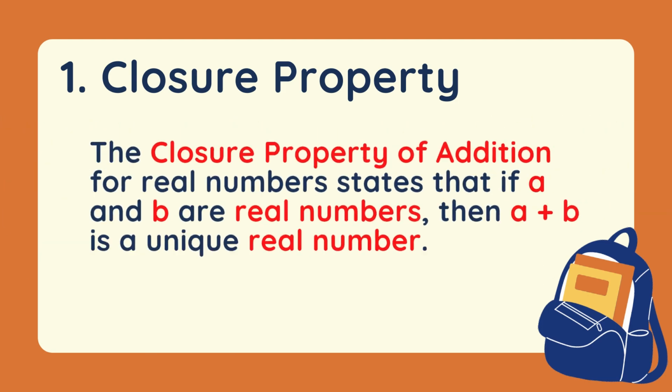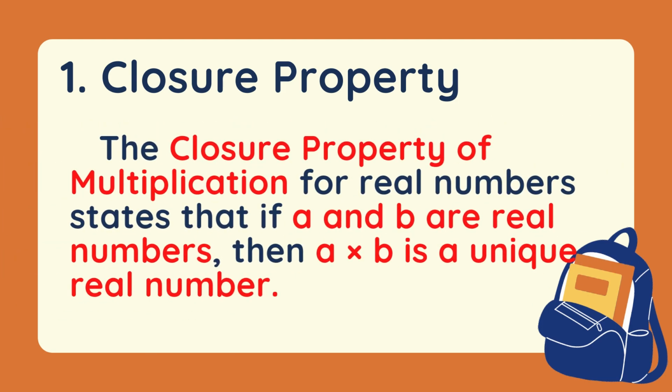On the other hand, the closure property of multiplication states that for real numbers a and b, the product, which is a times b, is also a real number.